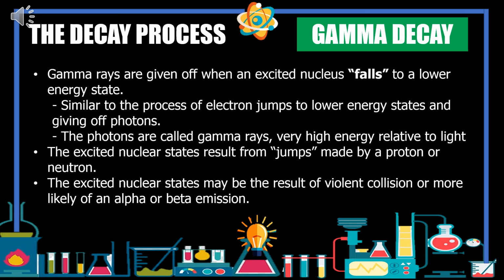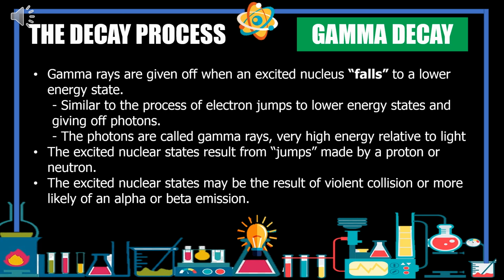Recall that the electrons orbiting the nucleus have high energy levels, and that each time an electron moves from a high energy level to a low energy level, it emits a photon. The same thing happens in the nucleus.